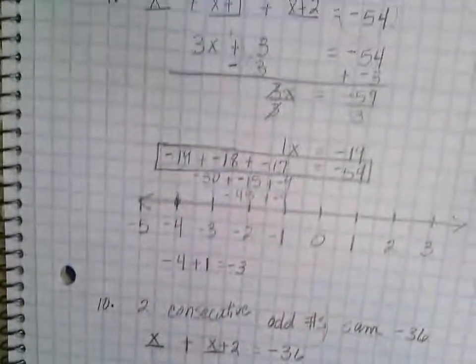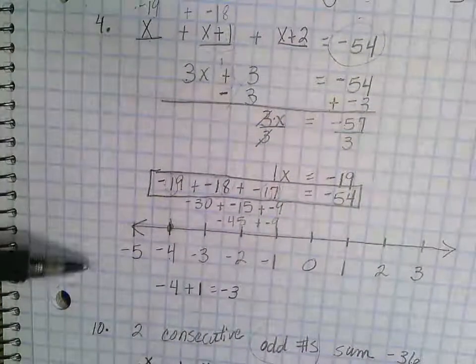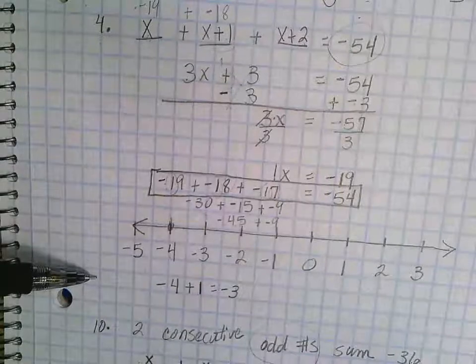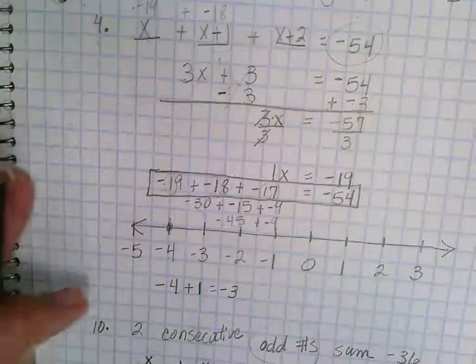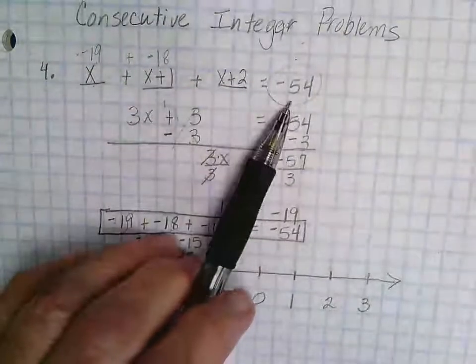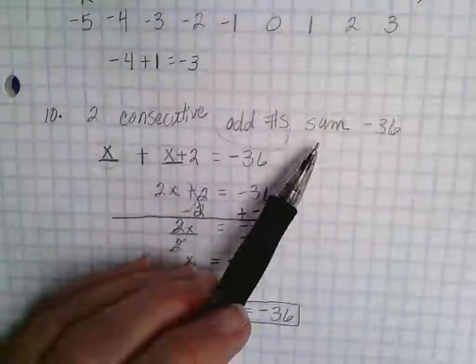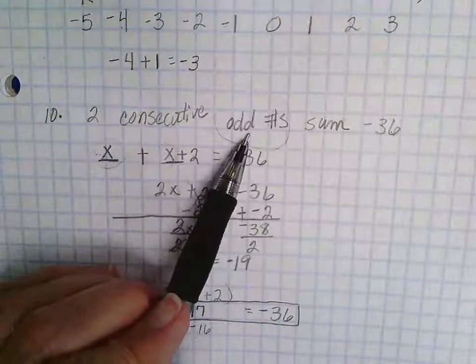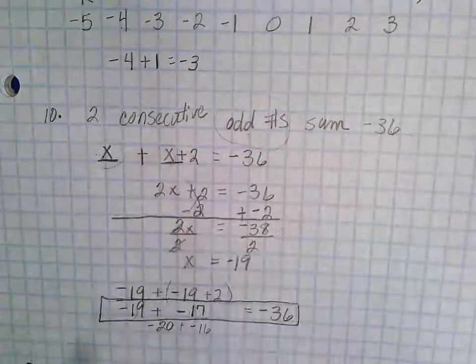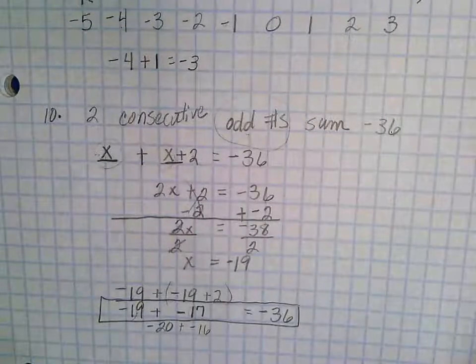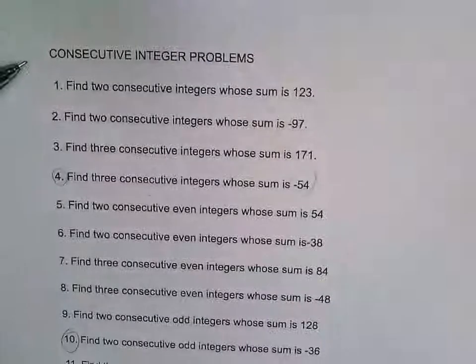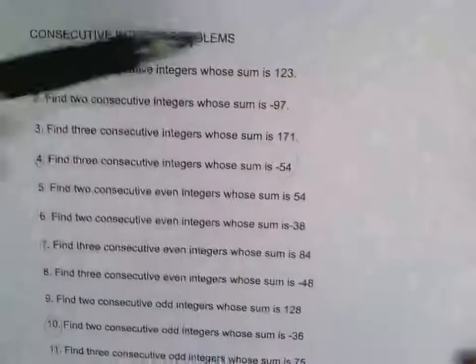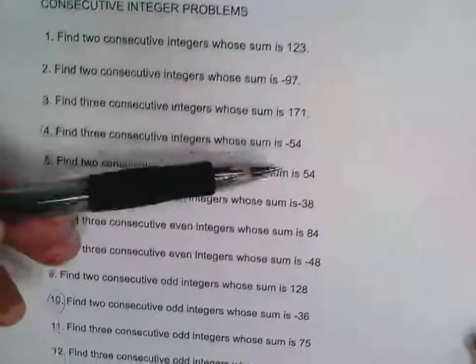So I chose two problems that were possibly more challenging because they involved negatives and they also involved consecutive odd or even numbers that sum to a negative. Most of the ones that you have on here, well, about half of them, deal with negatives.